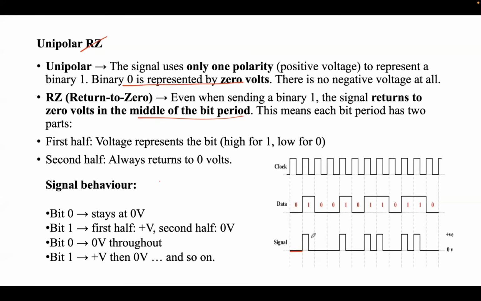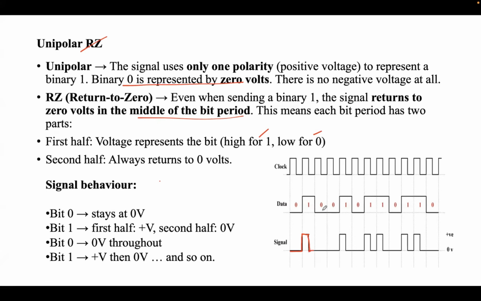This is the first part and this one is the second part. For the first part, if the input value is 1, voltage will be positive, whereas for the second part, voltage should be low. So high for the first half, whereas low for the second half, or always returns to 0 volts.